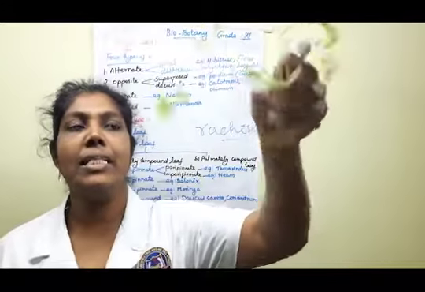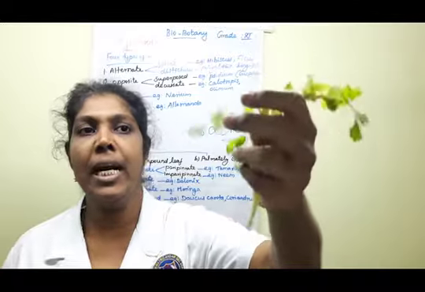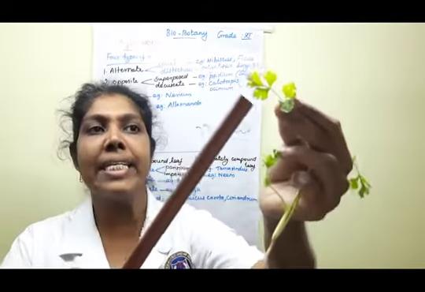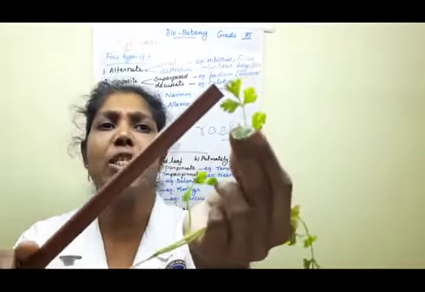Very good, children. Then finally, the last type is decompound. Clear? One of the best examples is coriander. Here the leaflet has so many divisions, so it is called decompound.